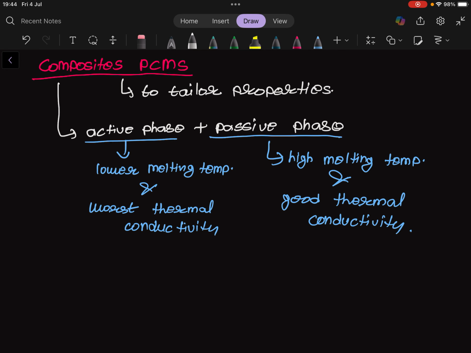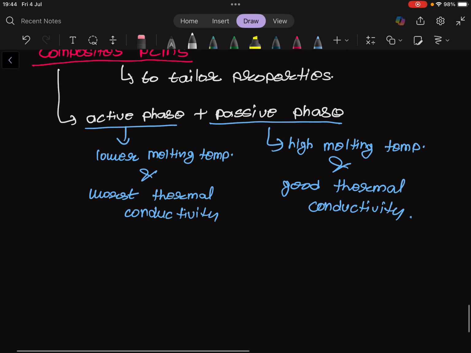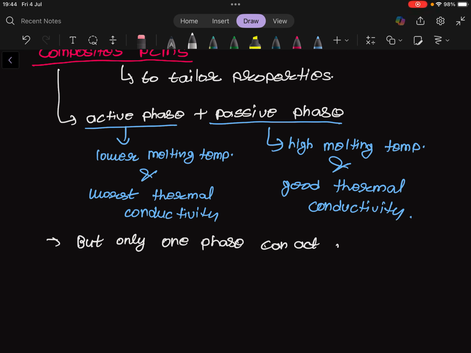But only one of these phases can act as PCM. So which phase? Let me write it. But only one phase can act as PCM. So we see that the passive phase will have no transition in the service temperature range.